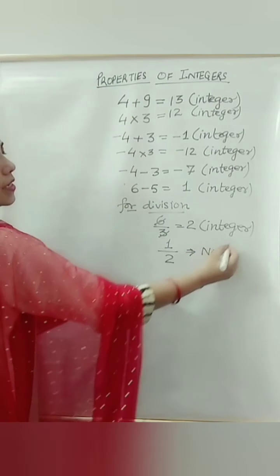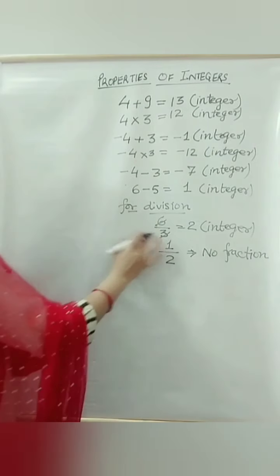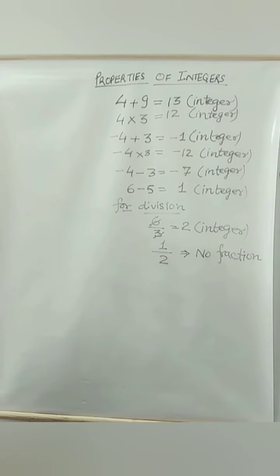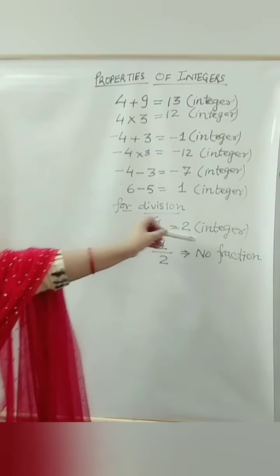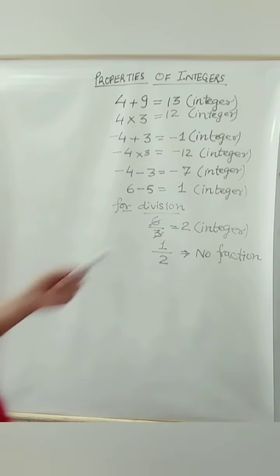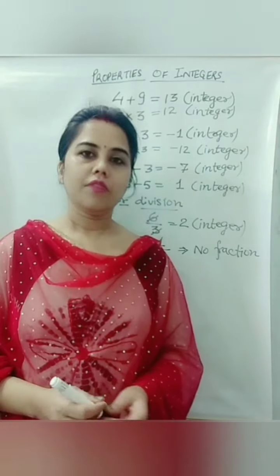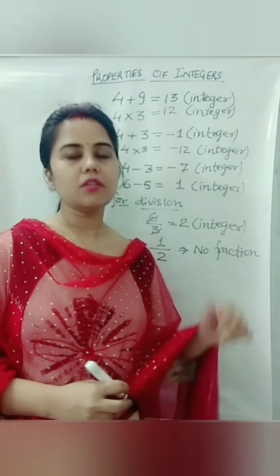No. This is a fraction. So it's not necessary when we divide, we will get an integer. Here 6 divided by 3, we got 2, an integer, but if we have divided 1 by 2, we are not getting an integer. So we have seen that integers are not closed under division.